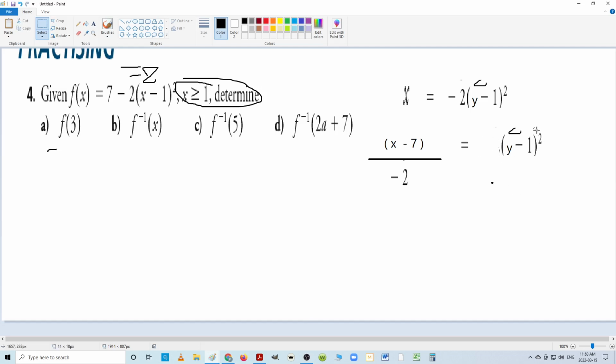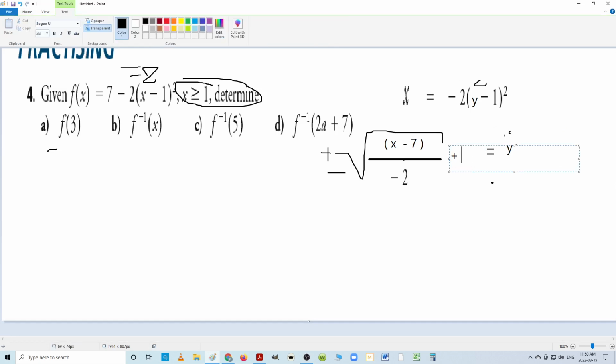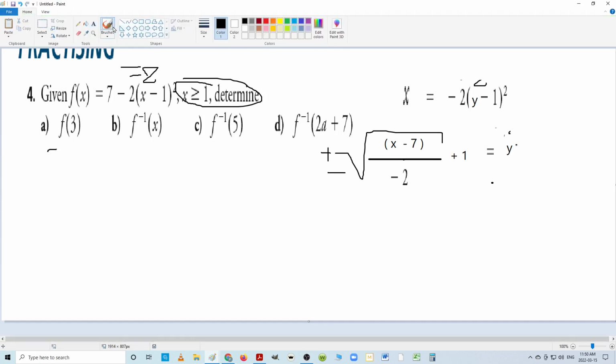Then I'm going to square root both sides to get rid of the brackets. But when I square root, I must add plus and minus. And then finally, I'm going to add 1 to both sides so that y is equal to this whole thing plus 1. I want you to notice that all the x transformations, let's bring back the original equation. And this is the new equation.